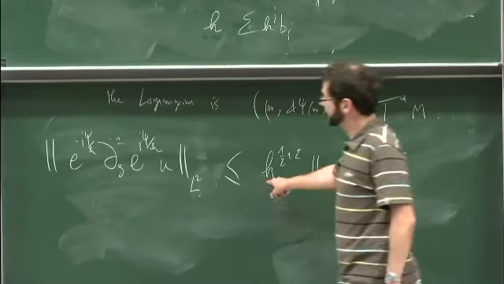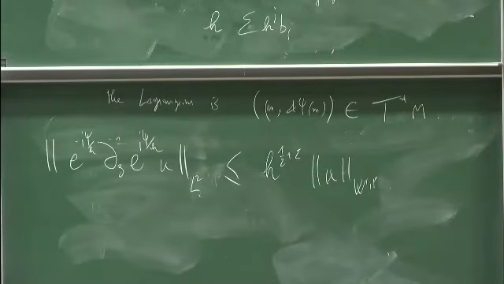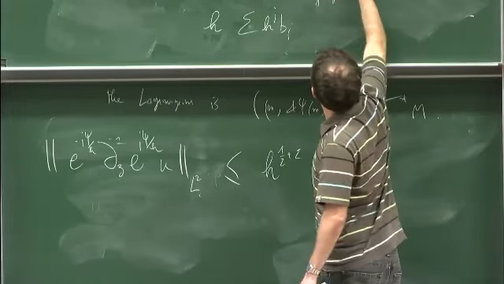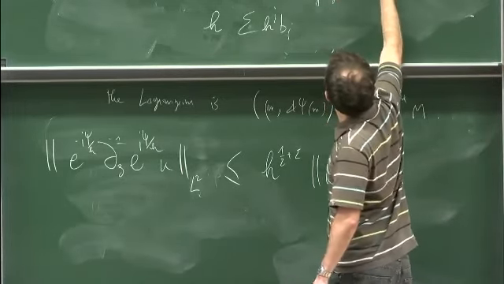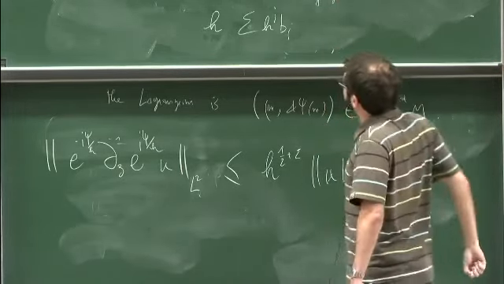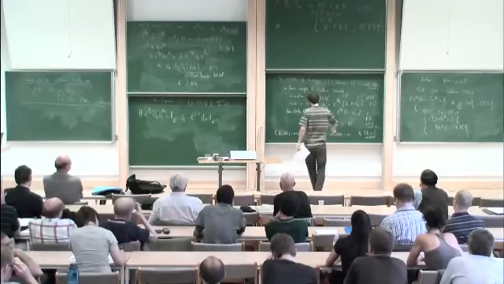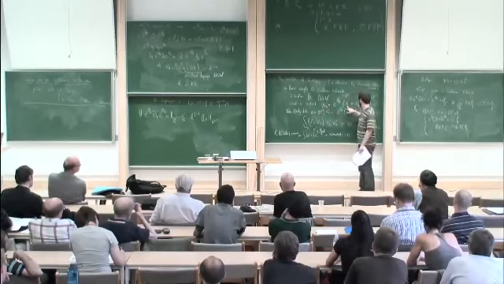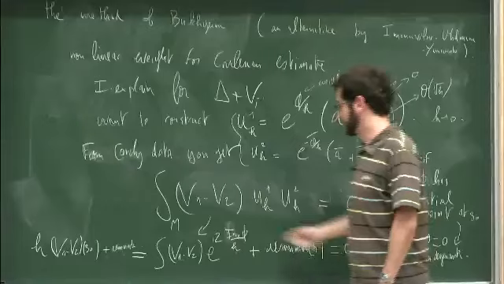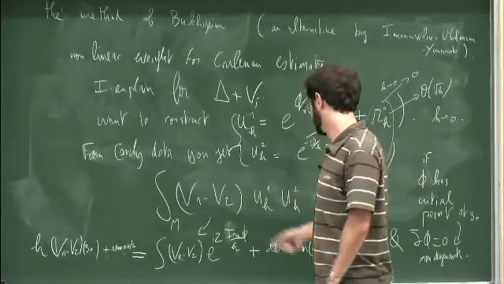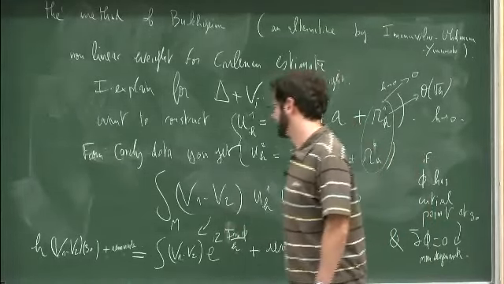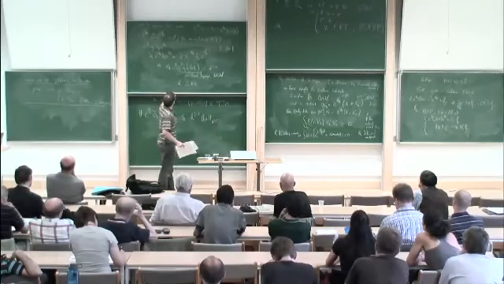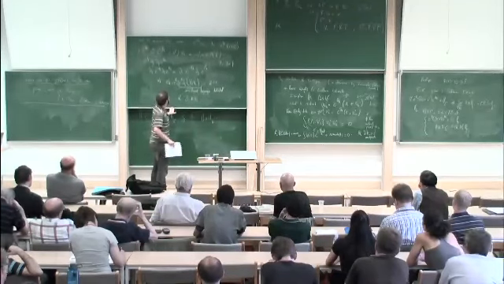So once you have this, this will tell you that this is O of h^{1/2 + epsilon}, which is not completely enough, but in fact, if you look carefully, the term with A hitting this guy, you see that, okay, no, doing it like this, I would need here.